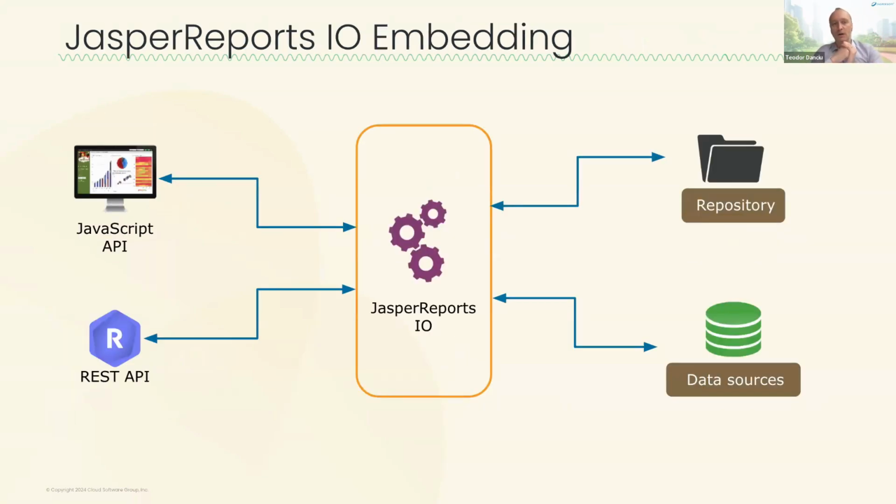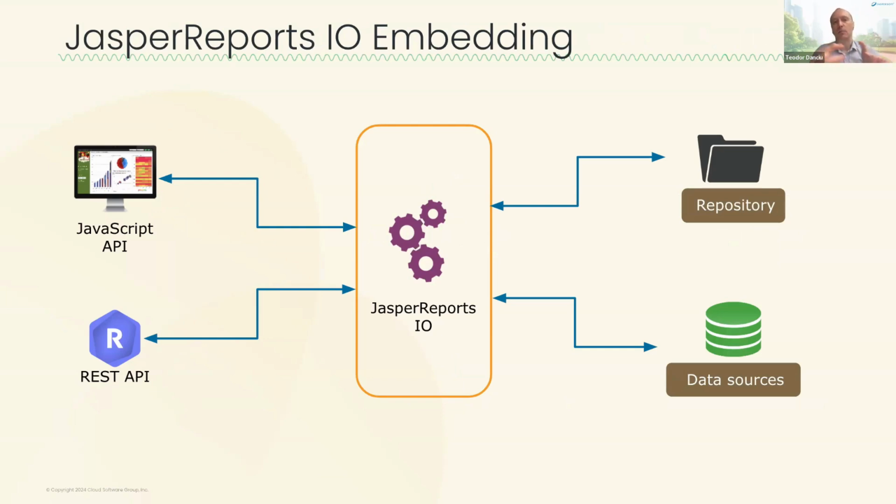And this is what we achieved, and we'll see how we achieve that. All right. I already mentioned that in order to embed reporting functionality, there are two sets of APIs, the REST API and the JavaScript API. And this is what people use when embed a reporting microservice like the one we offer at Jaspersoft, called the JasperReports IO. But we treat it as a black box, because behind the scenes, it can be deployed in different ways.